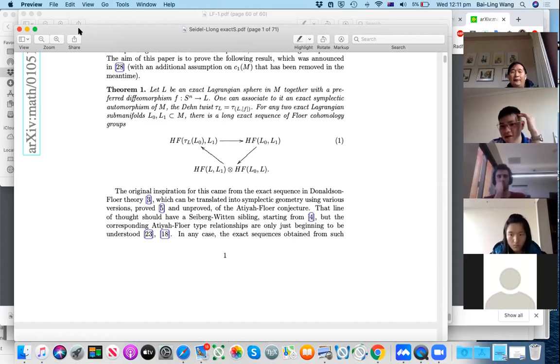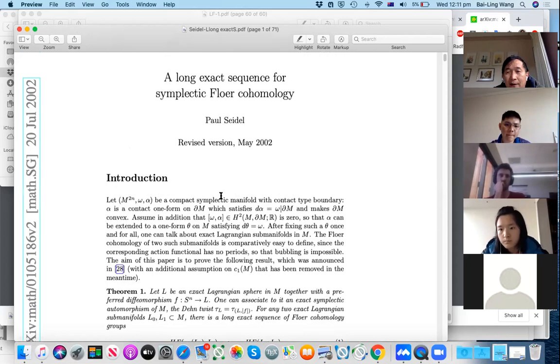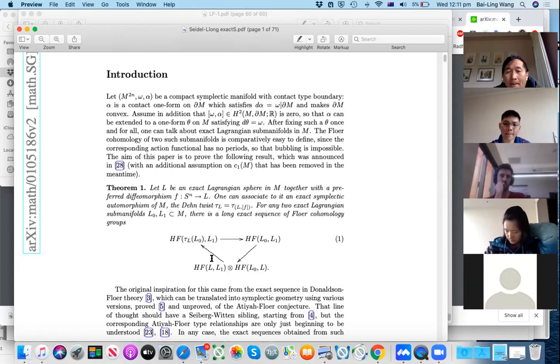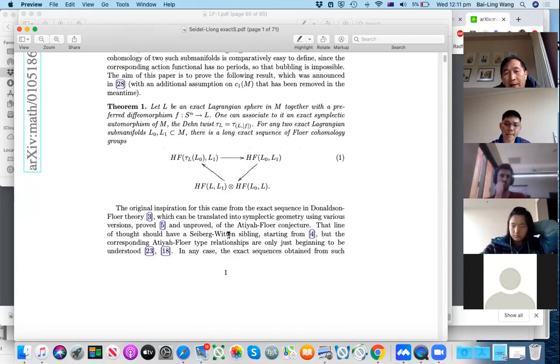Probably we can stop today, and then next week we try to understand some of the key propositions from this paper. At least this theorem is important for the Fukaya category, but we need to understand this.